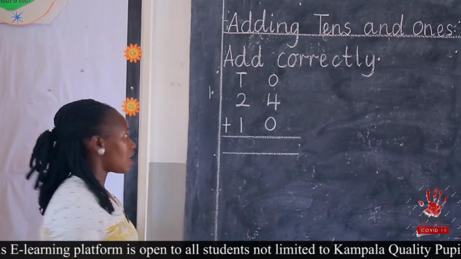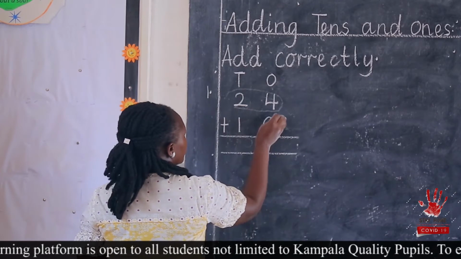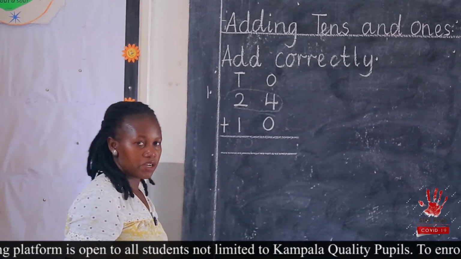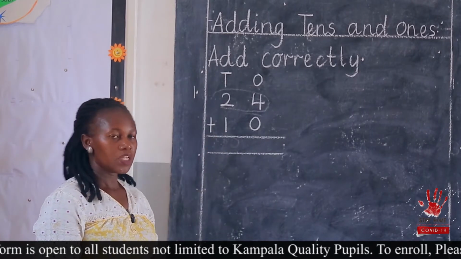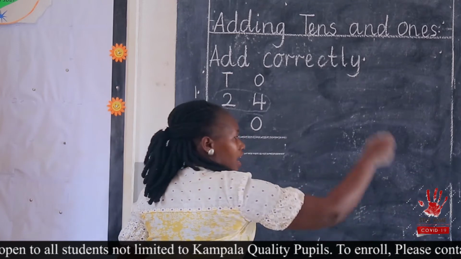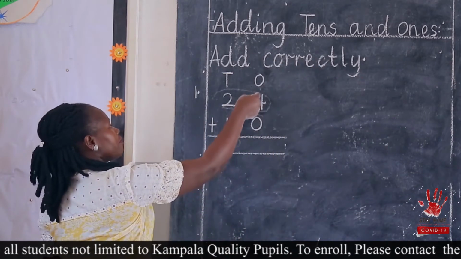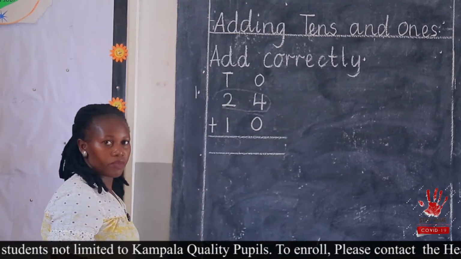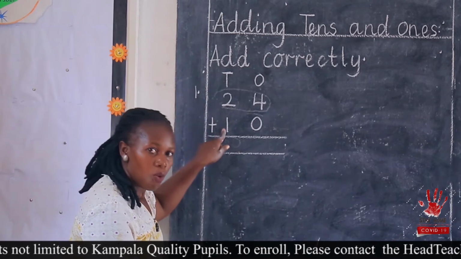When we are reading these numbers, we read the whole 2 numbers, all of them. Even these ones, we read them as 1 number. So this is 24 plus 10. Remember we said all numbers which are on the right-hand side are in the place of ones. So in the place of ones, we have 4 and 0. Then in the tens, we have 2 and 1.